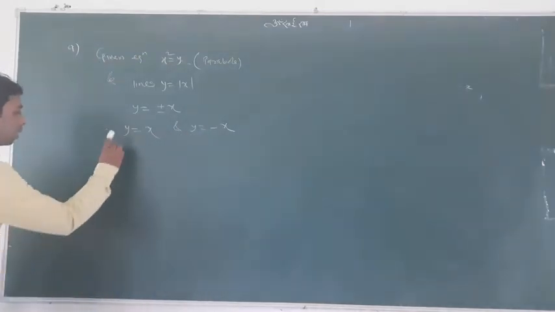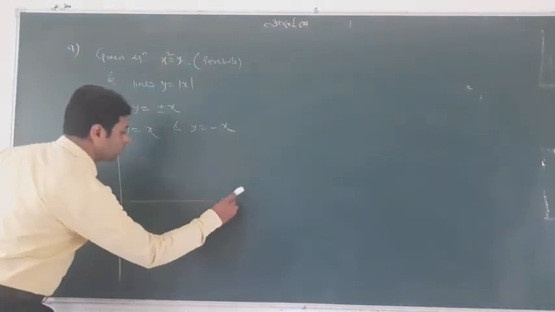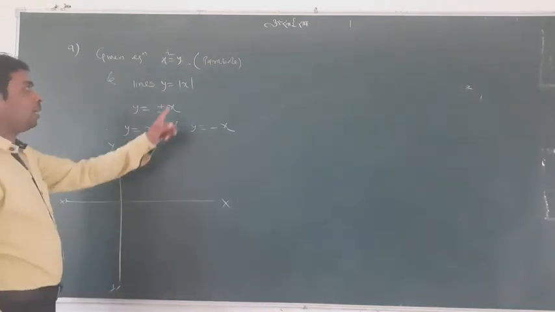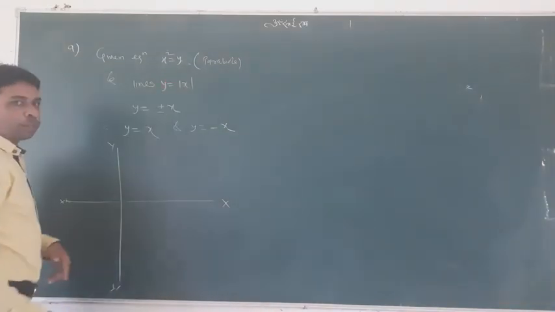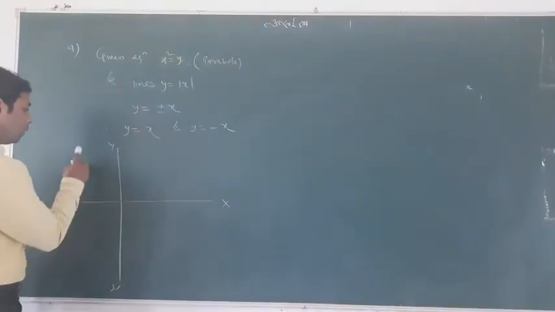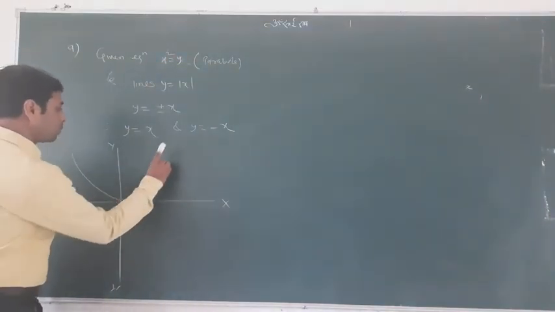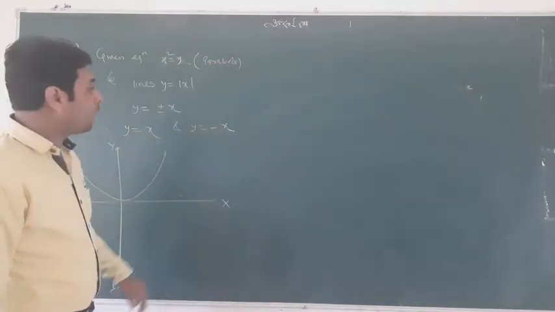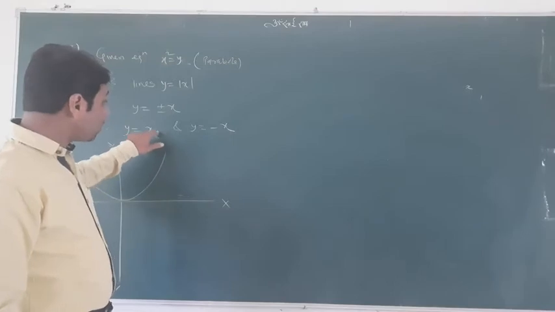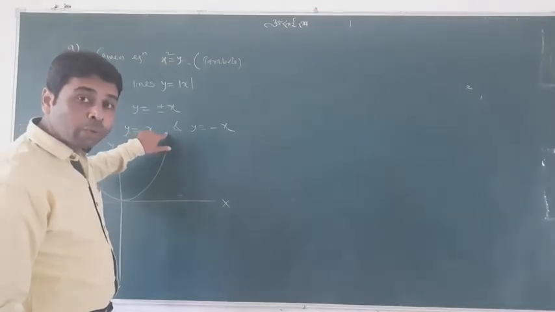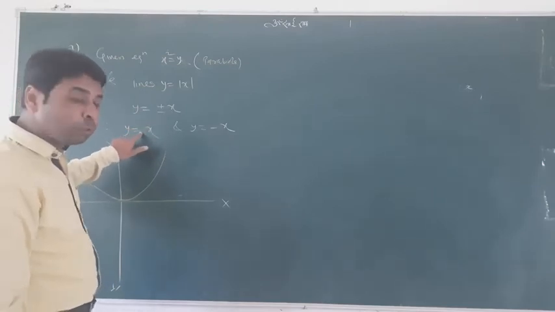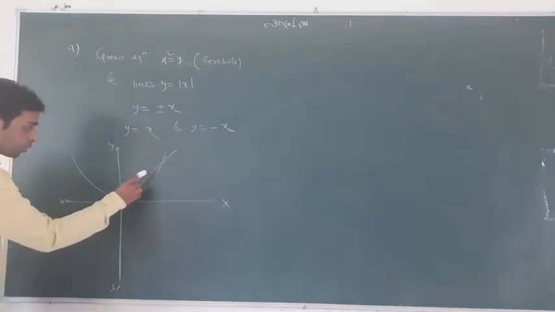We just want to make the graph. Look at this: x square equal to y is a parabola. You should know x square is positive y, so it will be upward like that. And about y equal to x, you remember y equal to mx plus c. C is not here, so it will pass through the origin. Where m is positive, it will pass in this direction.